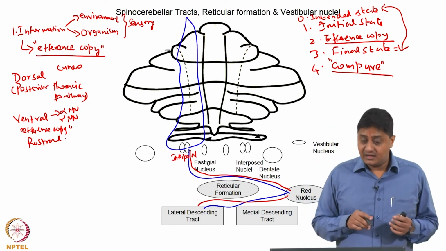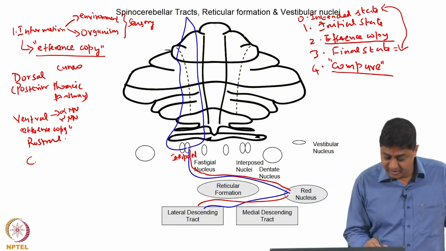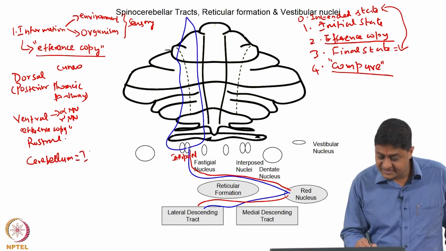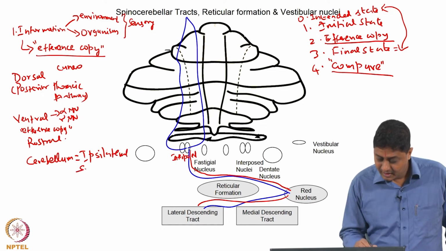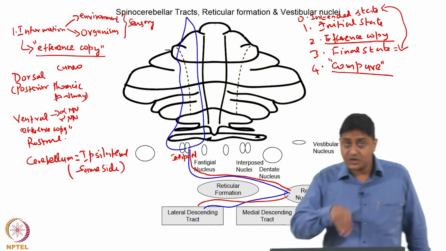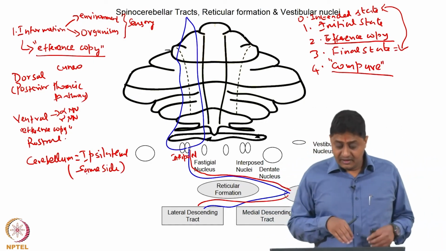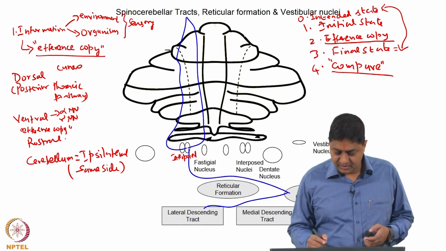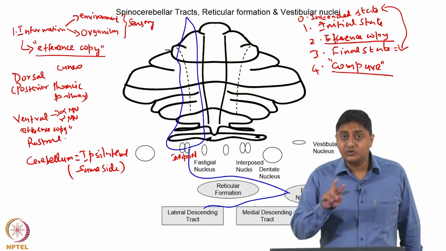We said early on that the cerebellum control is ipsilateral, or the same side, right. That does not necessarily mean that all the projections will also have to be on the same side. For example, in this particular case we saw that the crossover is happening two times.